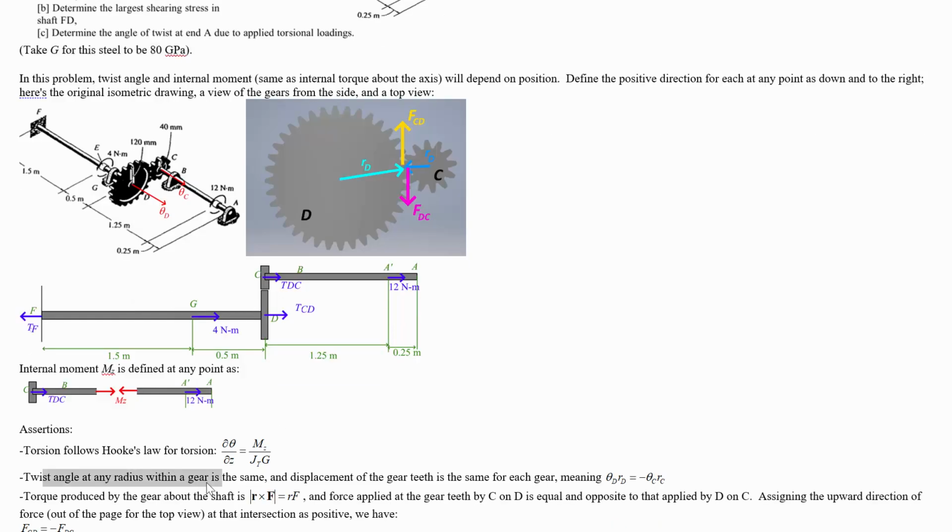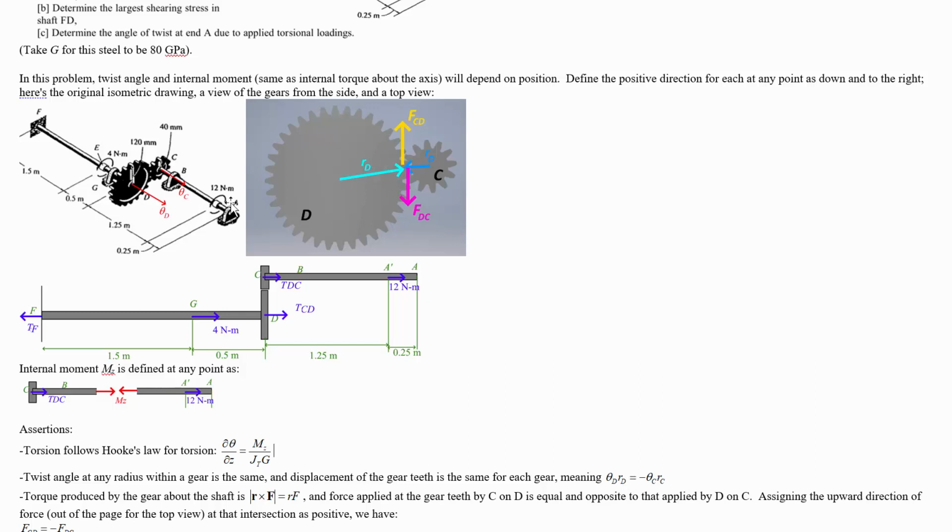The twist angle at any radius within a gear is the same, and the displacement of gear teeth is the same for each gear. Like the amount that this tooth displaces is the amount that this tooth displaces, and that means that the arc length at this junction has to be related like this.